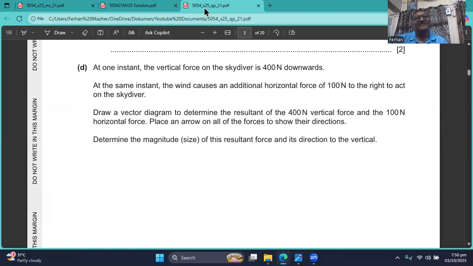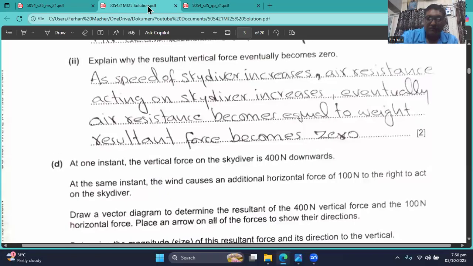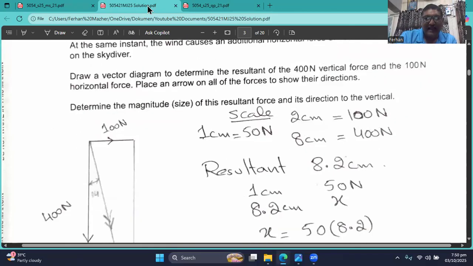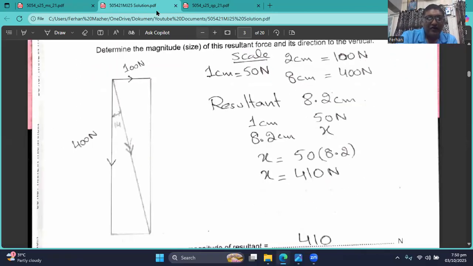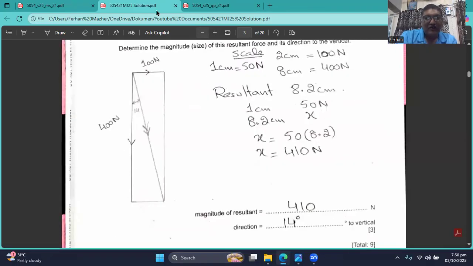Then where the tails are joined together, I will join that point with the opposite corner of the parallelogram, and that diagonal will give me the resultant force. So this is how we do the addition of two vectors.